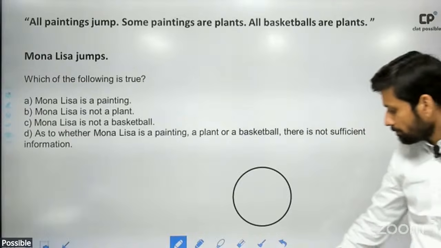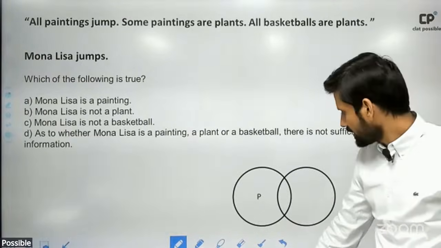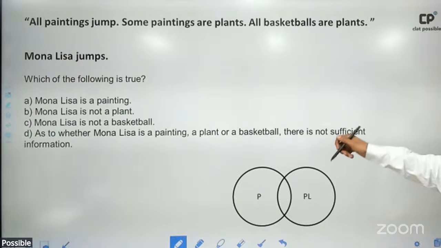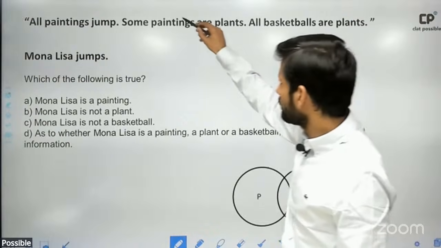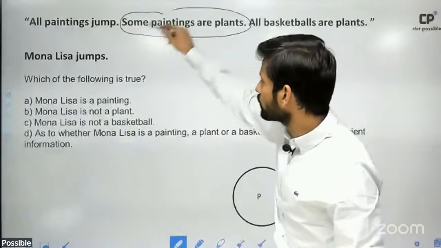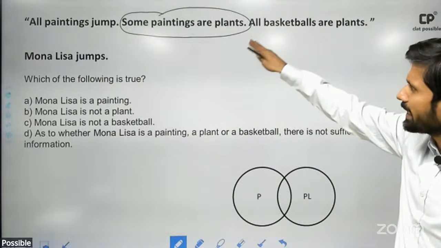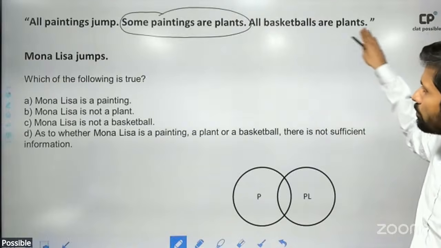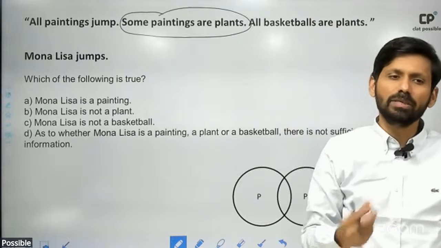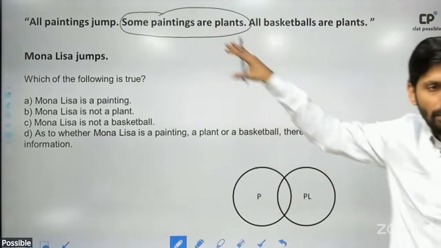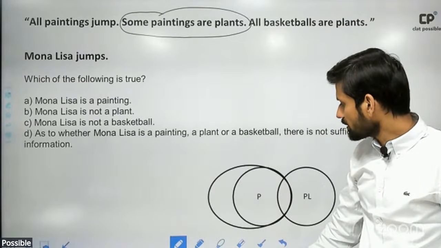All paintings jump. One second. So again, I started off with the statement in the middle, because I thought it'll become easier for me to deal with. So I read all paintings jump, some paintings are plants, and all basketballs are plants. So I understood the some statement. So I usually draw the some statement before the all statements, okay. So some paintings are plants is where I start.